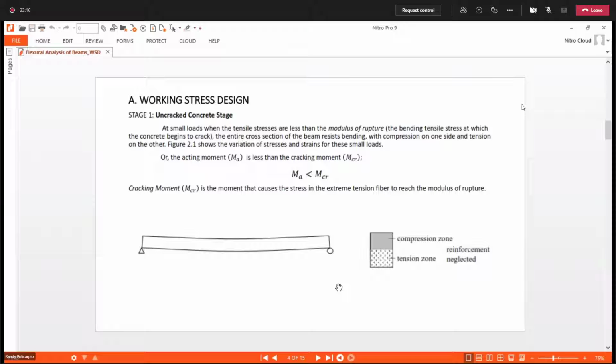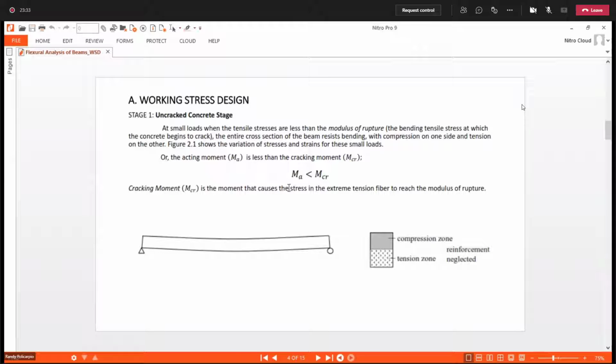Now for stage 1, the uncracked concrete stage, the design method that we're going to use here is the working stress design method.